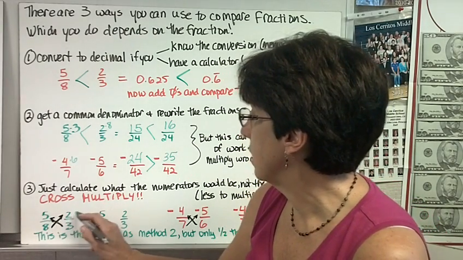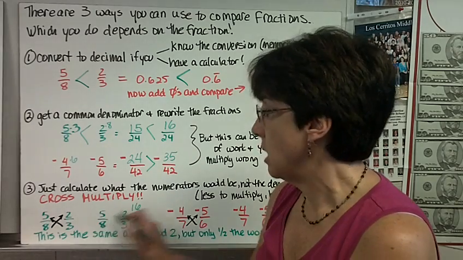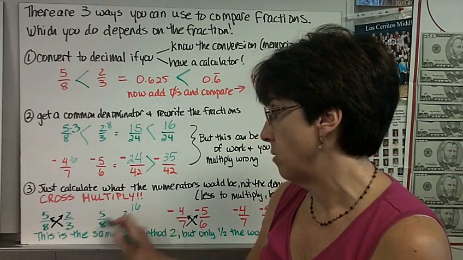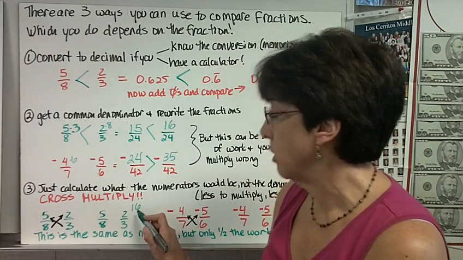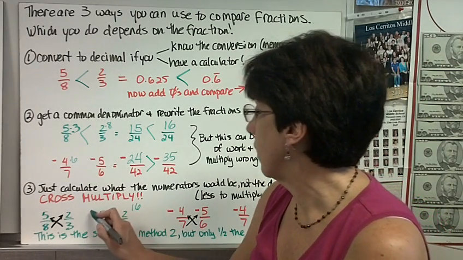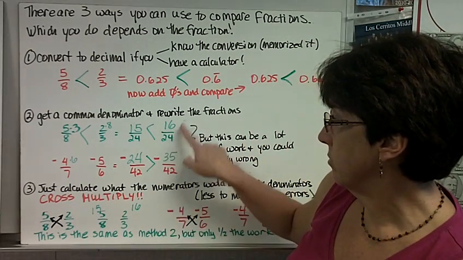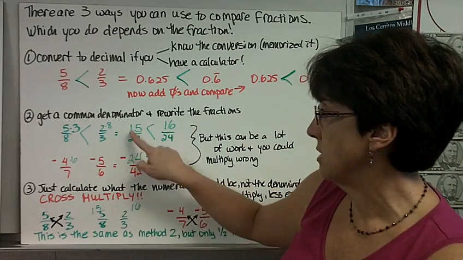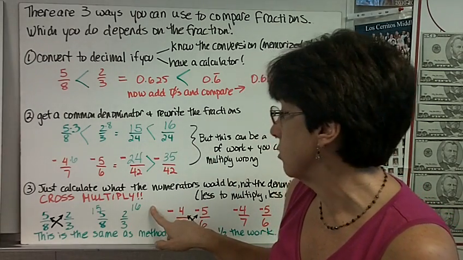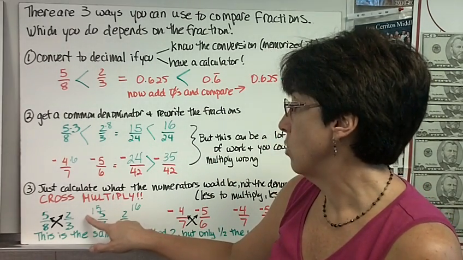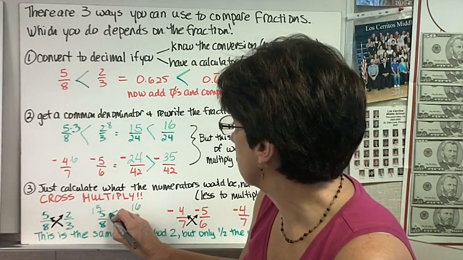So I'm going to say 8 times 2 is 16, and I write down the answer. I always go from the denominator to the numerator, and you write down the answer next to the numerator. 3 times 5 is 15. Look back up here. See the 15, 16? We just did the same problem, but we only found the numerators. Now, compare the numerators. What's bigger, 15 or 16? 16. So this side is bigger.